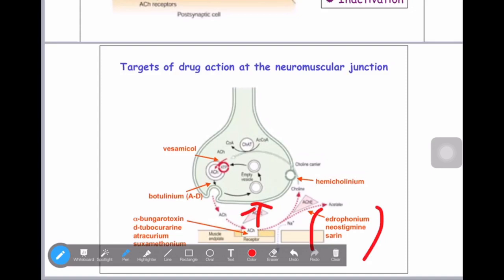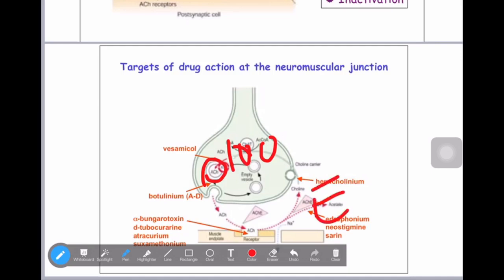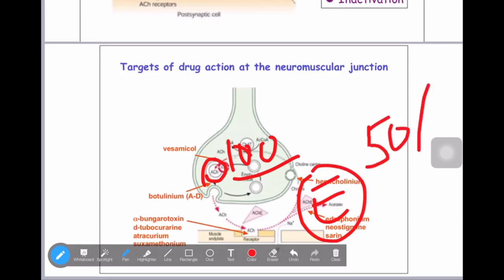Okay, increased acetylcholine in the synaptic cleft, because generally, for example, 100% will be synthesized as acetylcholine. They are stored in the vesicle and will be released when the stimulation happens. If there is acetylcholine esterase, it will break down 50% of that 100% and 50% of acetylcholine will act on the postsynaptic receptors.